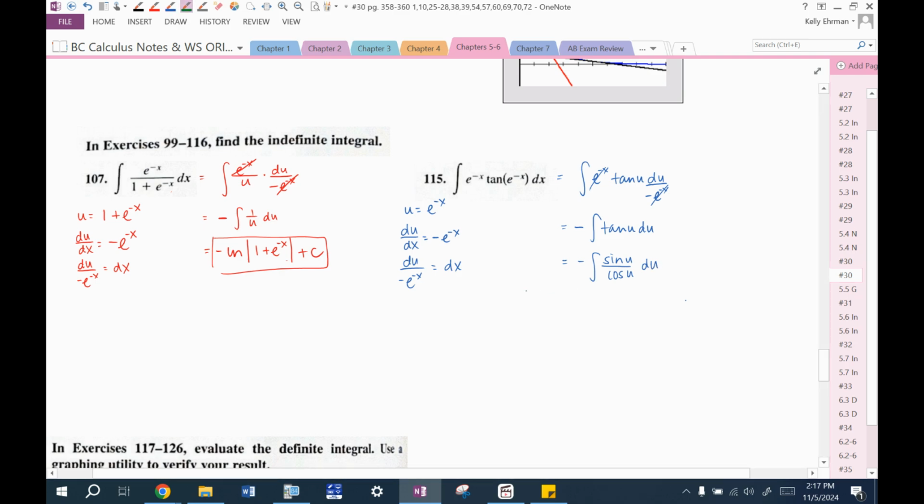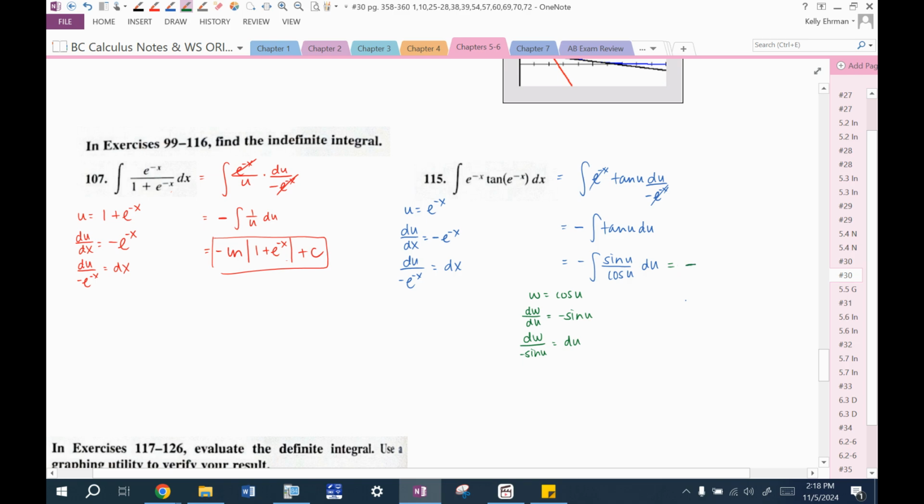I don't want to use u again because I've already used u, so let's use something else. I'm going to use w. w sub. So w is cosine u. dw du is equal to negative sine u. dw divided by negative sine u equals du. If you don't like all those u's and w's, pick whatever letter you want.